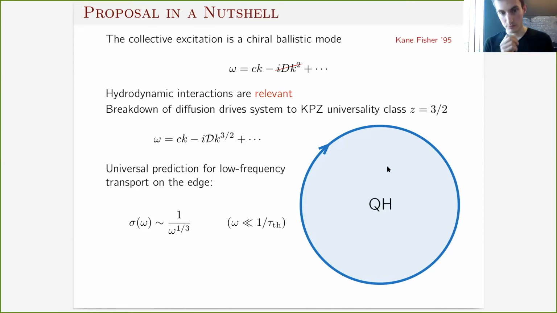So if your temperature is very small, this thermalization time, let me just talk about the best possible case, will be roughly of order the temperature, and it's telling you that the physics I'm telling you about will happen for frequencies smaller than that temperature.